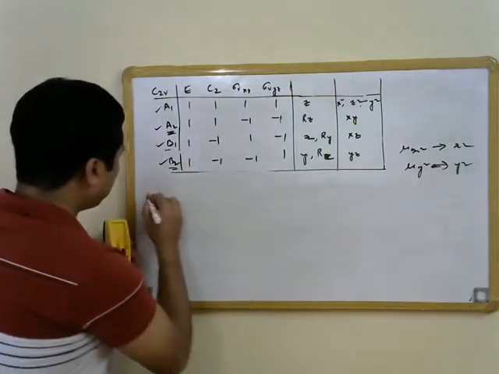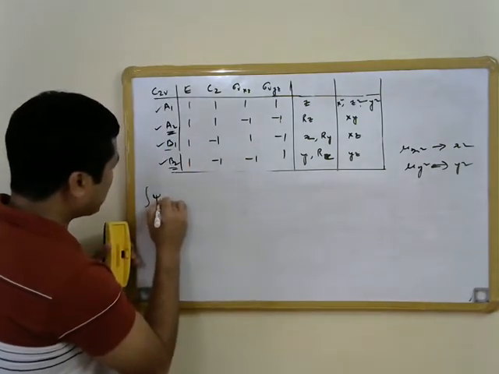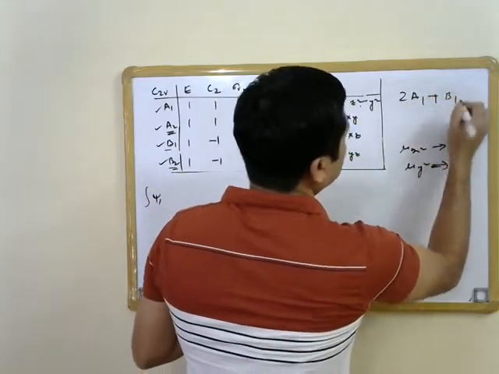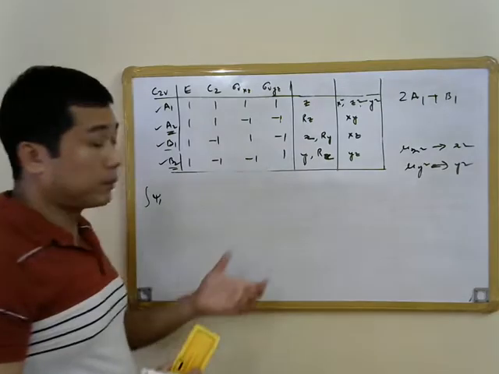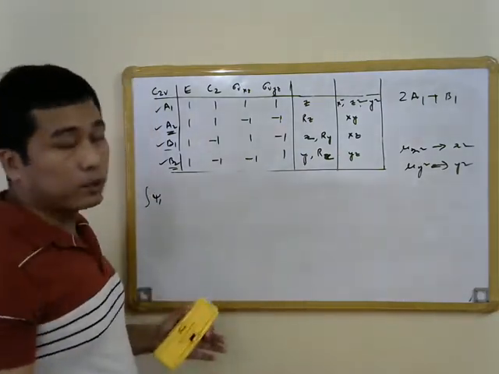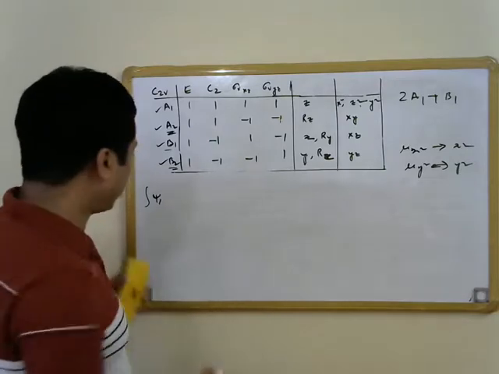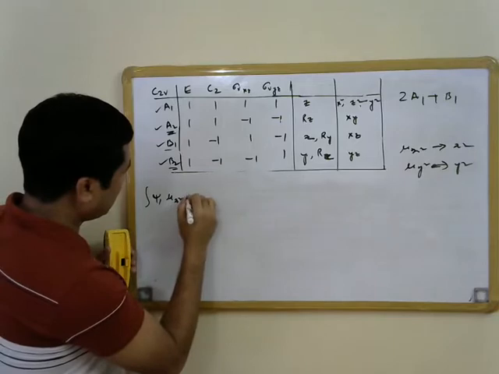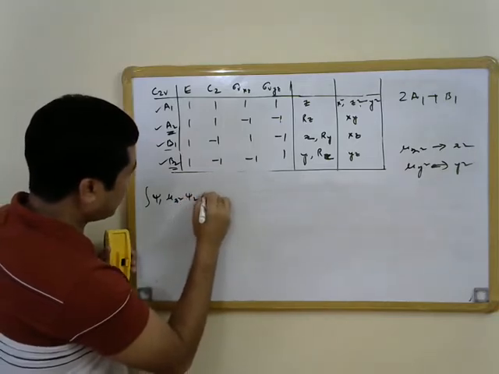So let us find out whether psi 1, again 2a1 plus b1, these are the symmetry of the vibrational modes in the water molecule, are Raman active or inactive. So mu x squared psi 2 theta.